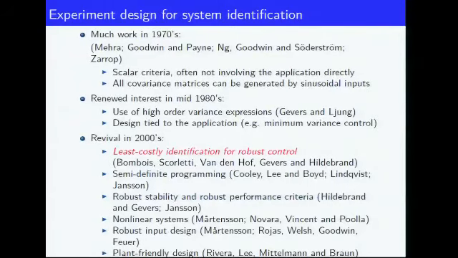And then about 10 years ago, there started to be a renewed interest again, mainly due to the advances in convex programming, and also some new concepts like least costly identification, where the focus is to perform an experiment that is as cheap as possible, subject to some quality constraint of your model. So it's a bit like turning things around, the constraint and the cost function. So that's the history here, very briefly.